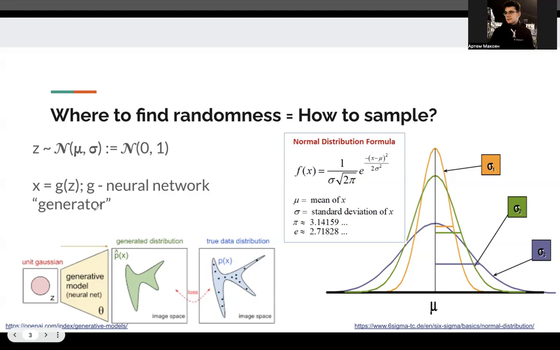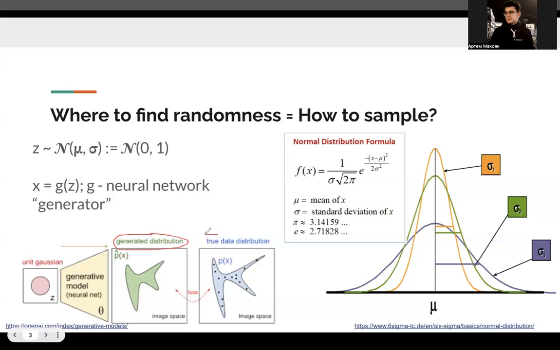Yeah, so G is a neural network, our generator, and X is the output of it. So the pipeline of our generative model is to put a unit Gaussian noise into the input of the generative model and obtain a new variable. And these variables would be from the generated distribution.